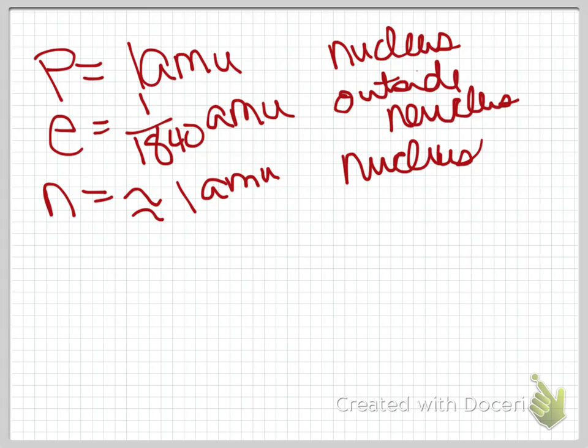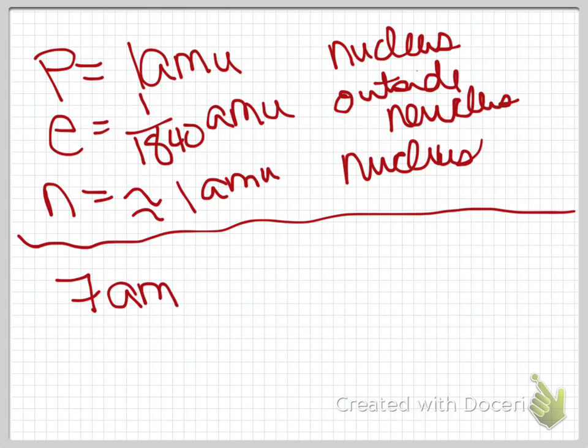Since atoms can have more or fewer neutrons, but not more or fewer protons, the example I used last time in the video was nitrogen. So let's keep up with that theme. If nitrogen has exactly 7 protons, then its nucleus has a mass of 7 AMU from the protons only.